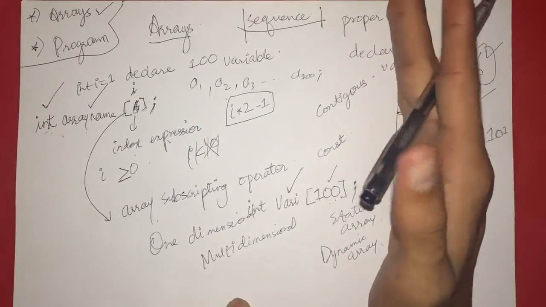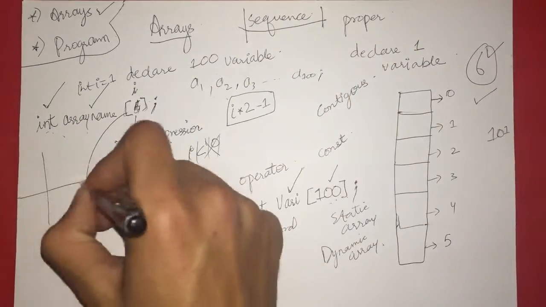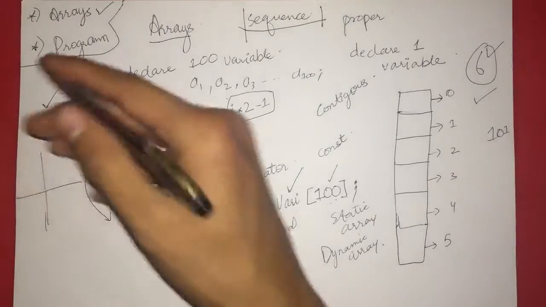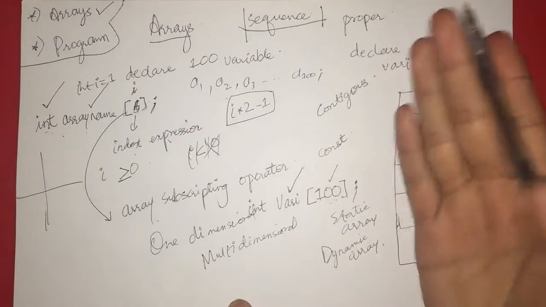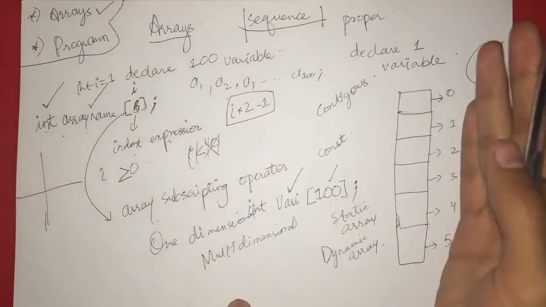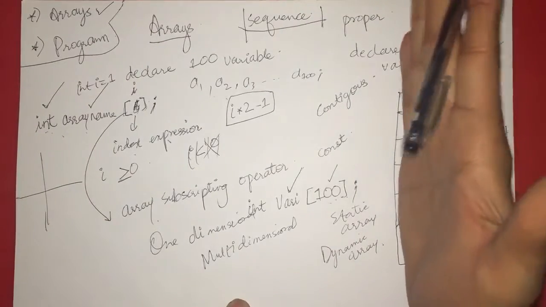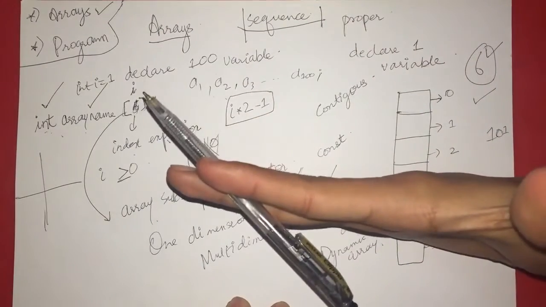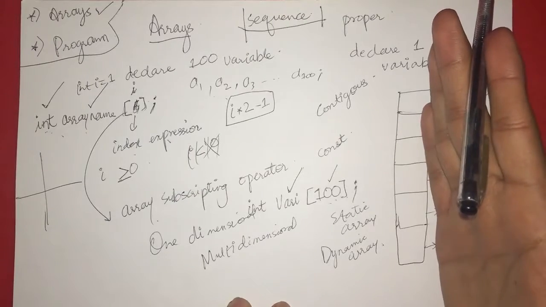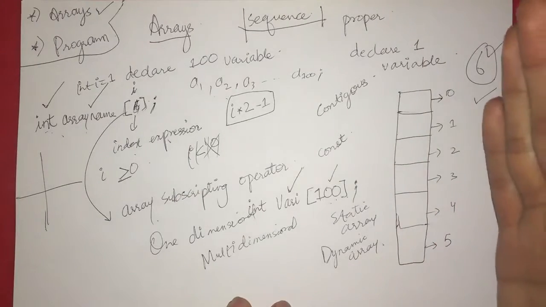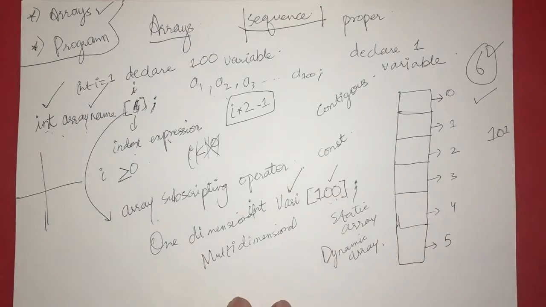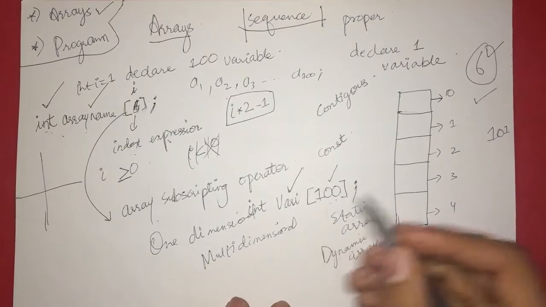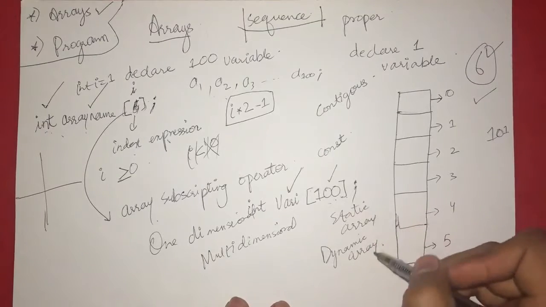For example, in a graph, this is the y-axis and this is the x-axis. If it is just on one axis, we say that this is a one-dimensional array. But in a multi-dimensional array you have two dimensions, which we are going to study later in the chapter. And also you have static array and dynamic array.